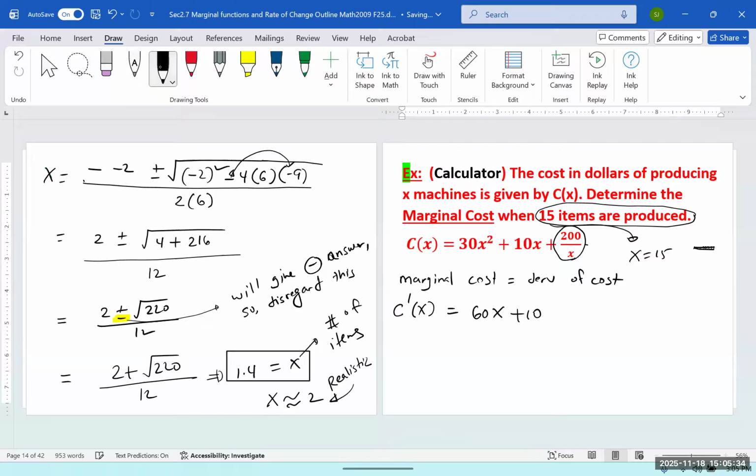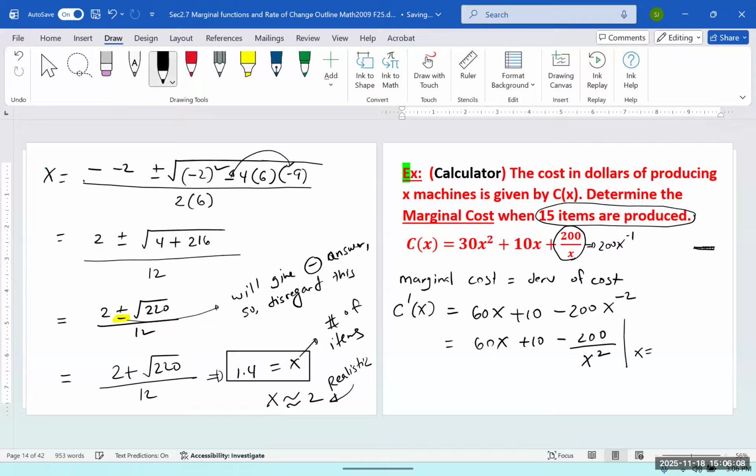So this one we can rewrite as 200 times x to the negative 1. So what's the derivative of 200 x to the negative 1? Negative 200, x to the negative 2, which gives 60x plus 10 minus 200 over x squared.